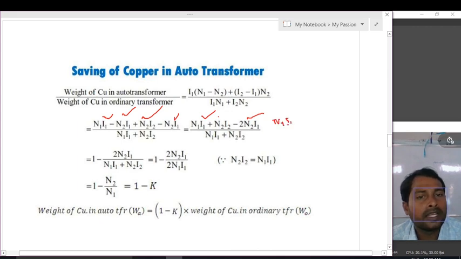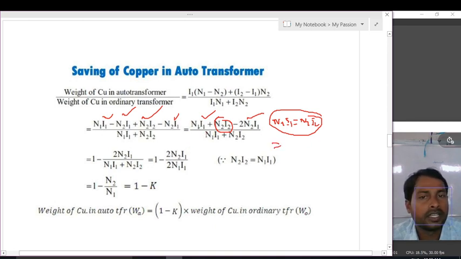We know that the MMF of the primary and the MMF of the secondary must be the same: N1 I1 is equal to N2 I2. So if I substitute N1 I1 in place of N2 I2, the numerator becomes 2 times N1 I1 minus 2 times N2 I1, and the denominator becomes 2 times N1 I1.